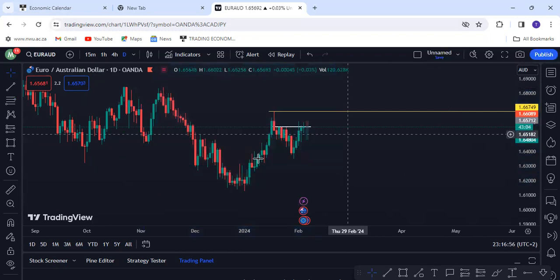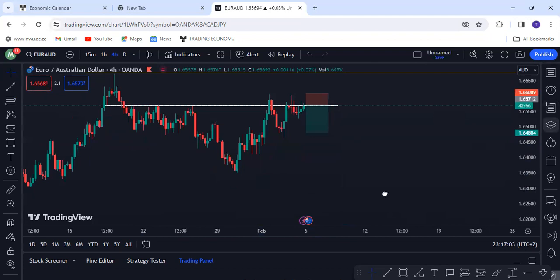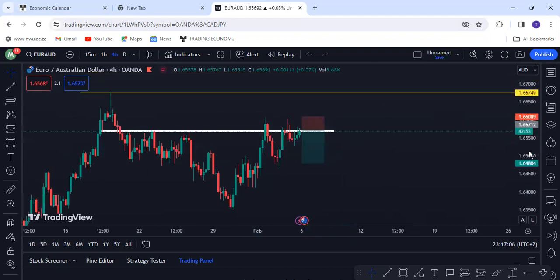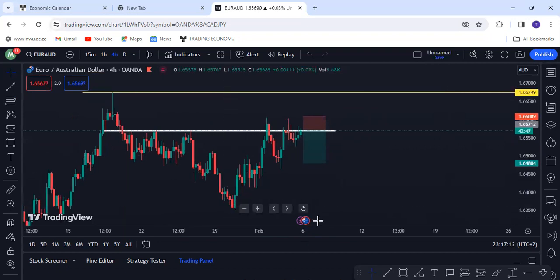And what are we anticipating then? We go to the 4 hourly, and what we can see is that the market initiated a swing high, and then the market pulled back and created a low here.